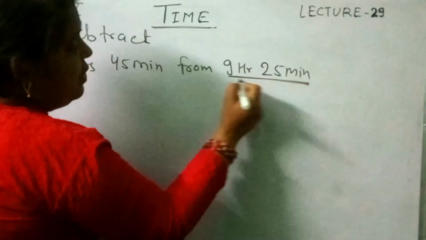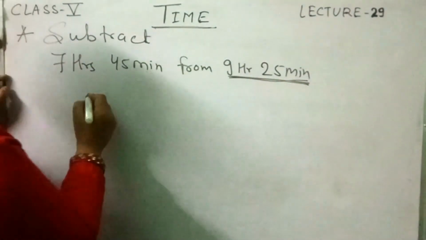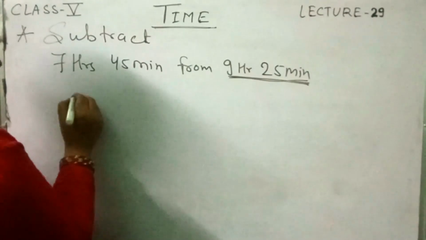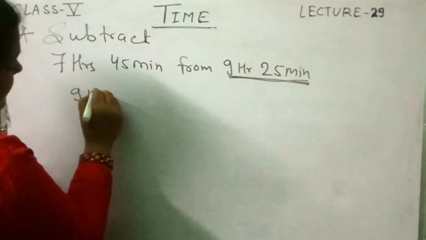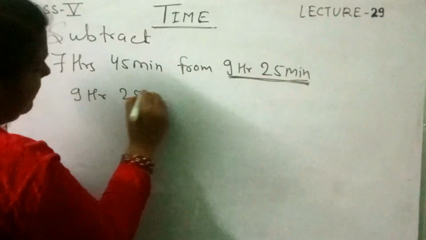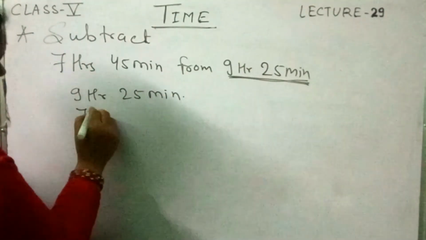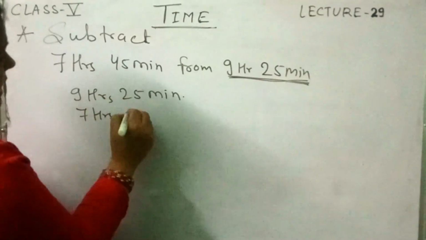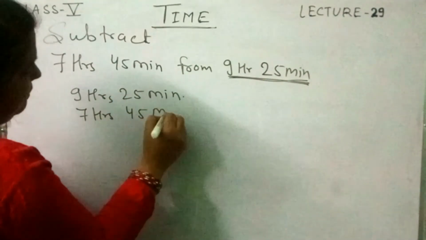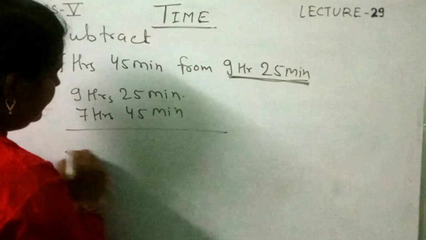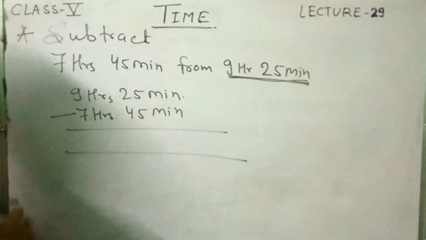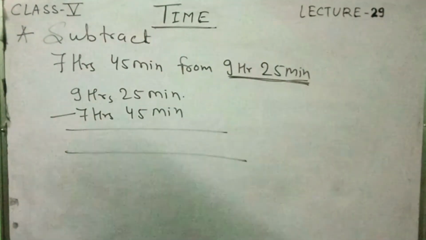After the from, what is written you have to write on the top. So you write here 9 hours 25 minutes. And in the down you have to write 7 hours 45 minutes. Write here and give the minus symbol. Okay, see here.